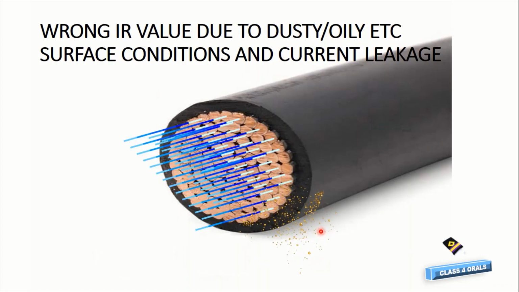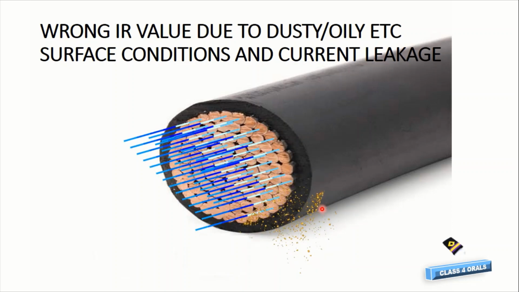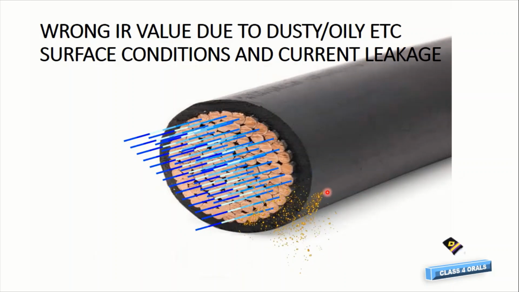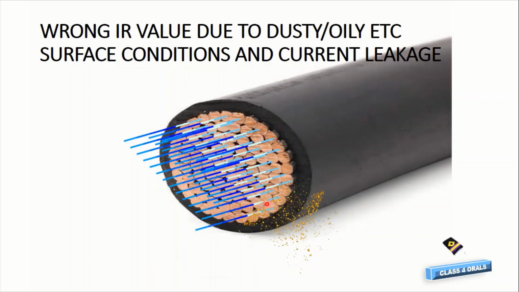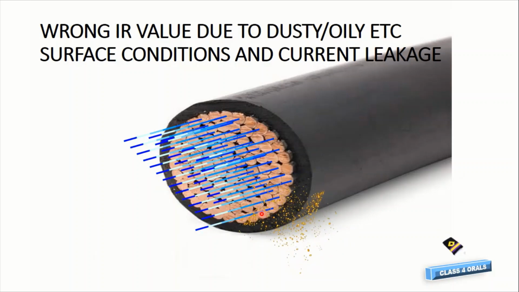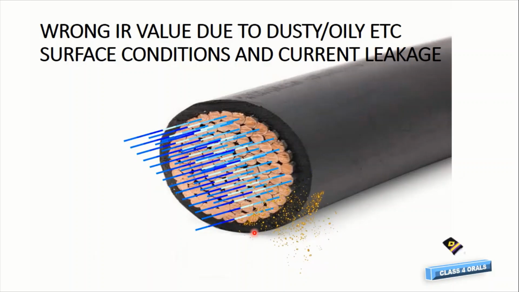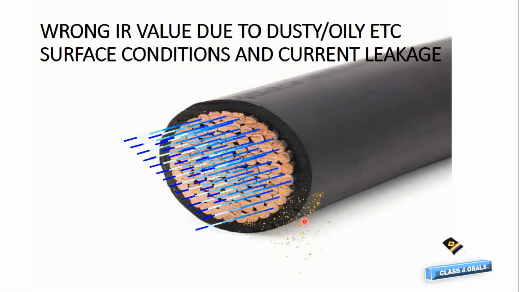Suppose there are dusty or oily environmental conditions, and the conductor or insulation is covered by these dusty, oily surface conditions. Then there is a chance that, when we test this conductor, other conductors may leak current, and it may give a wrong insulation resistance value.